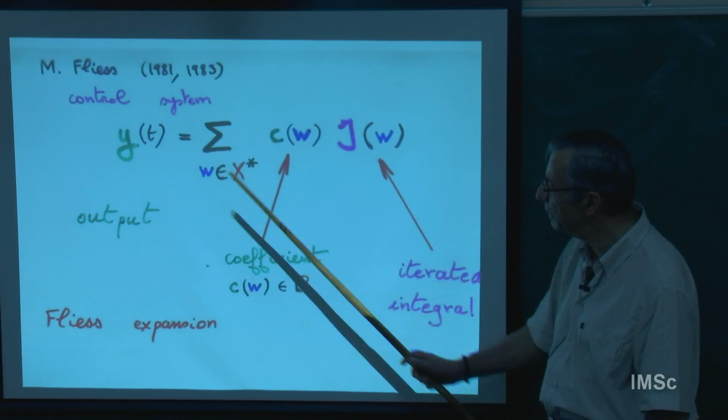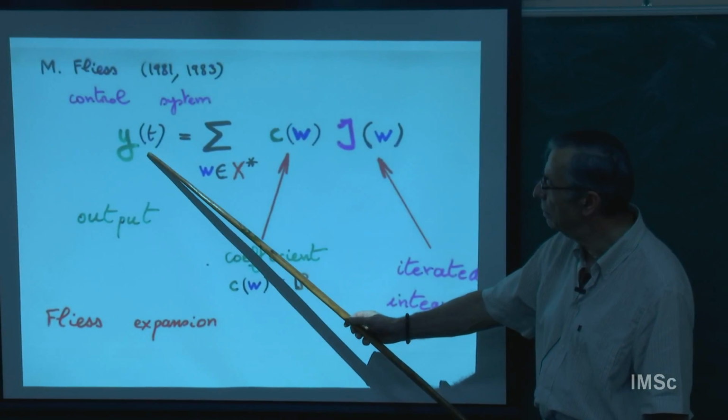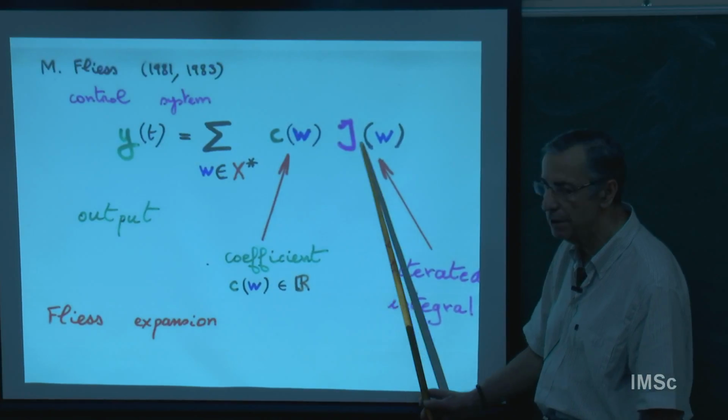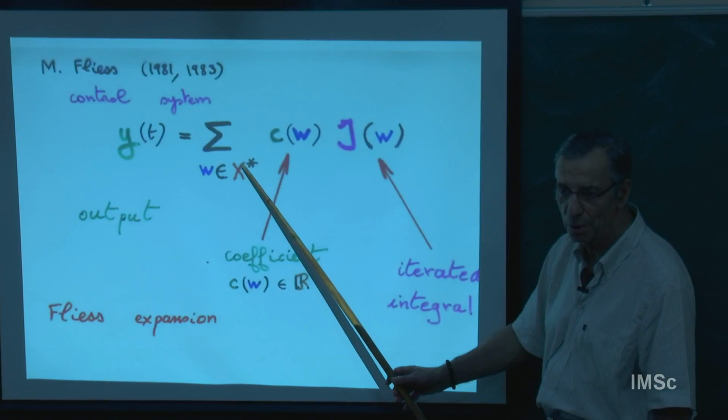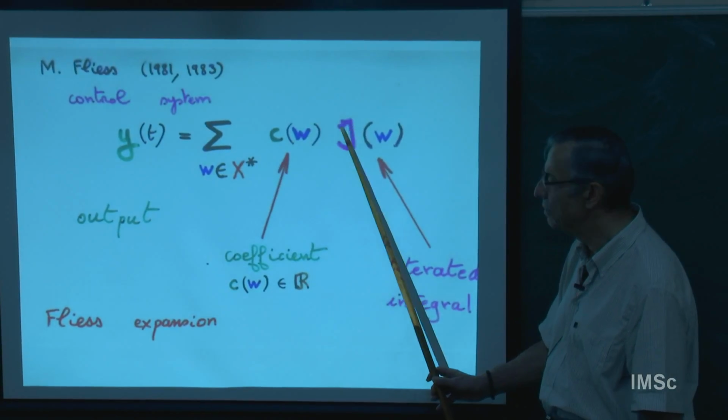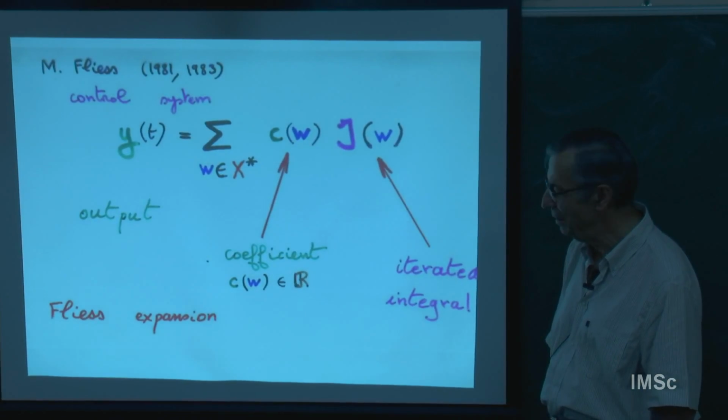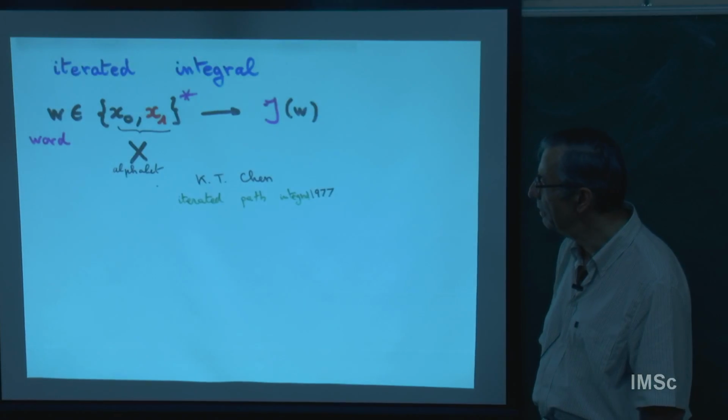Fliess gave a general expression for control systems: y is going to be the sum over certain words, with a coefficient, and for each word you associate a certain iterated integral in the following way.